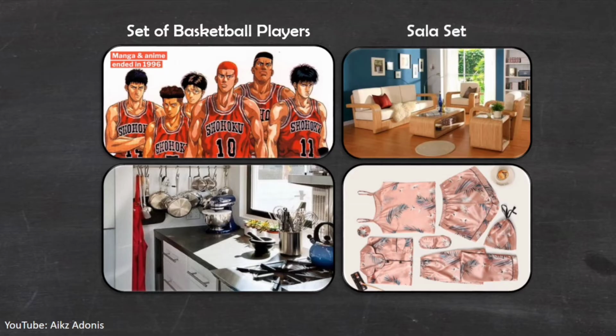The second picture is a salad set, while the third picture is a kitchenware set. And finally, the fourth picture is a set of clothes. If you can see, these are sets or collections of objects or persons that are related to each other. That's why the word that best describes the four pictures is set.